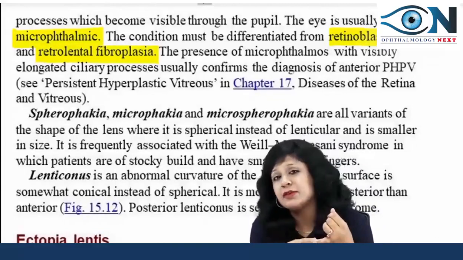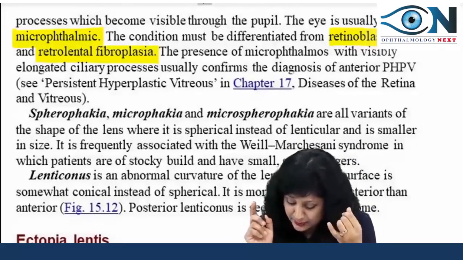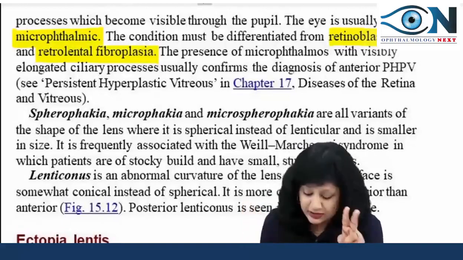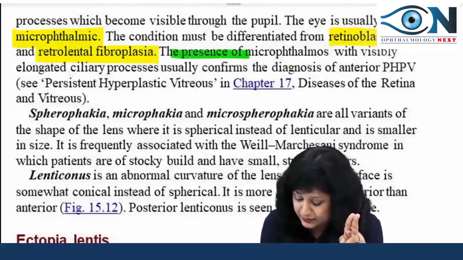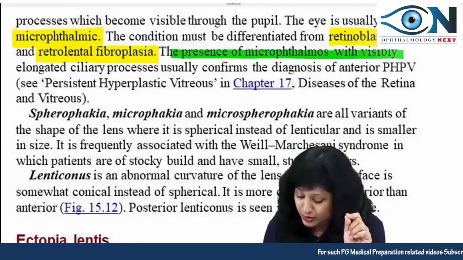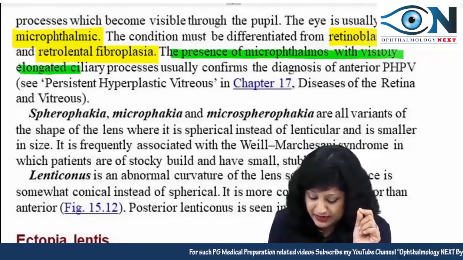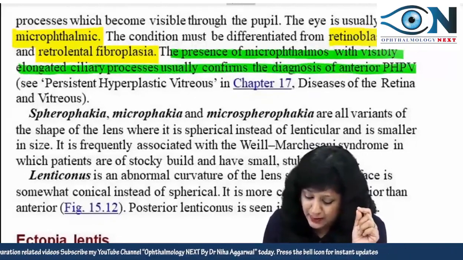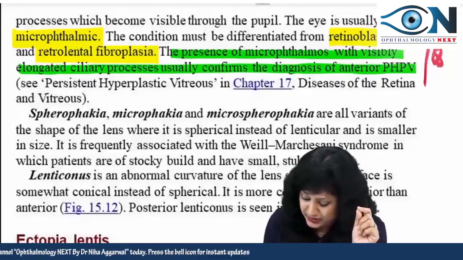ROP's other name is retrolental fibroplasia. Look at this line, they are giving you a diagnostic line: the presence of microphthalmos with visibly elongated ciliary processes confirms the diagnosis of anterior PHPV. So that is a good one.